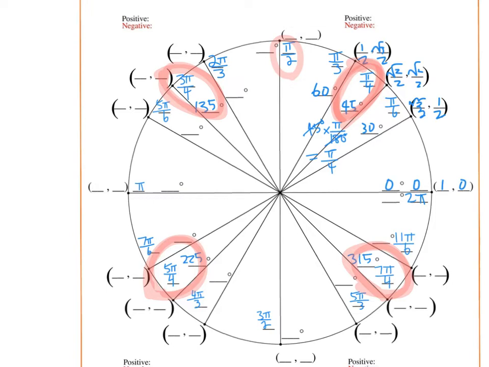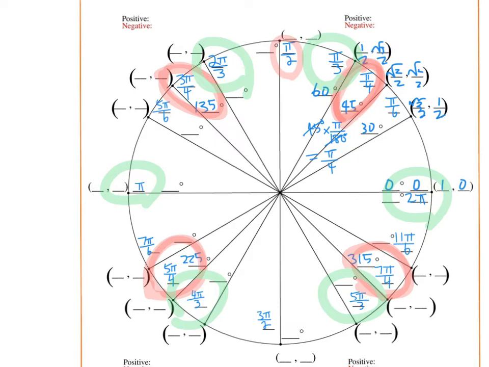The 6s are a little bit harder to remember. I am not quite sure how you want to remember it. You can remember it like this. This is pi over 3, 2 pi over 3, 3 pi over 3 gets you to pi, and then 4 pi over 3, 5 pi over 3, and then 6 pi over 3 gets you to 2 pi.